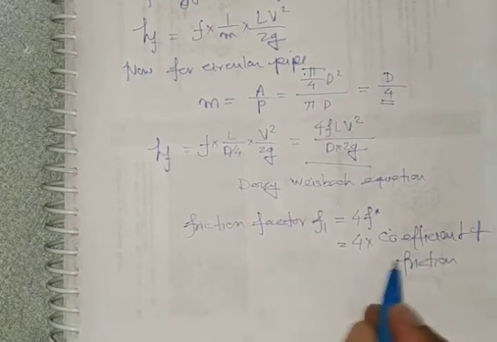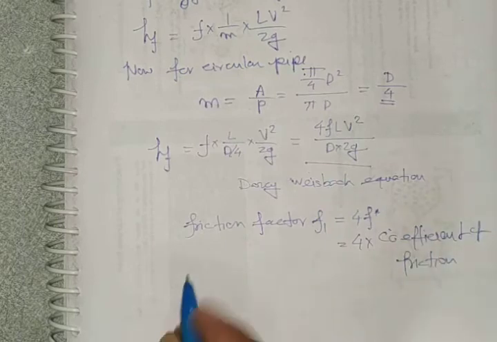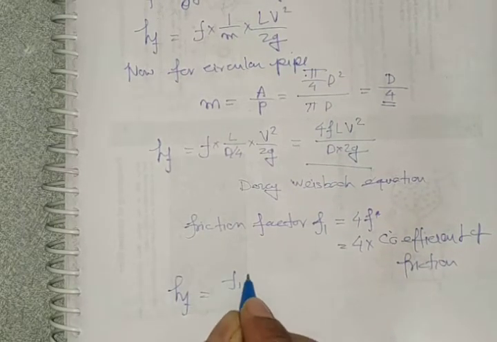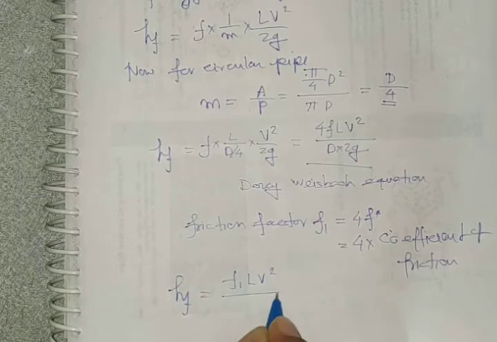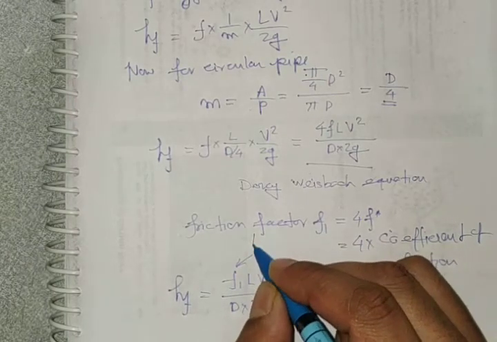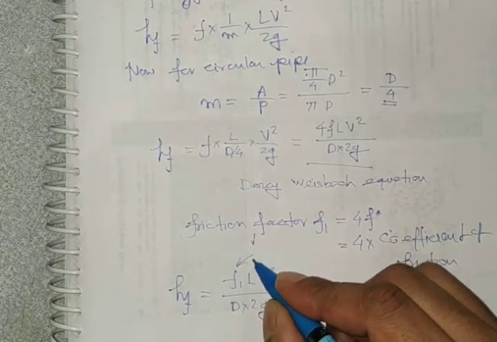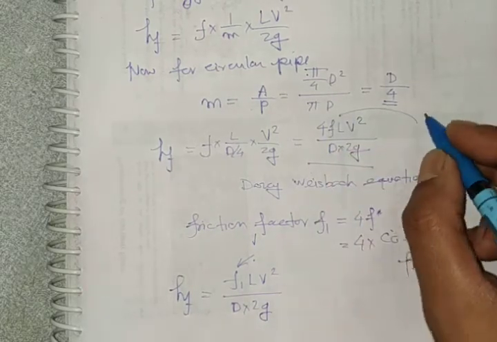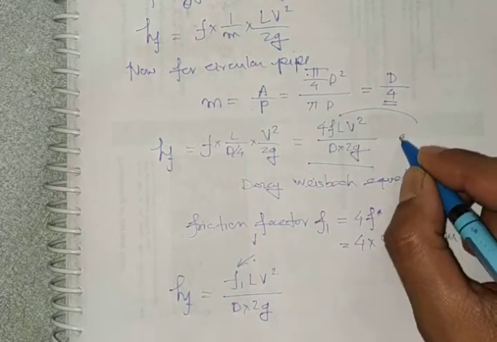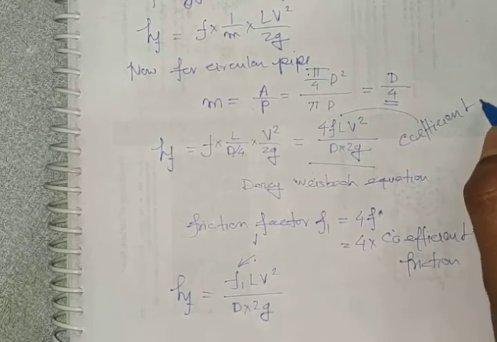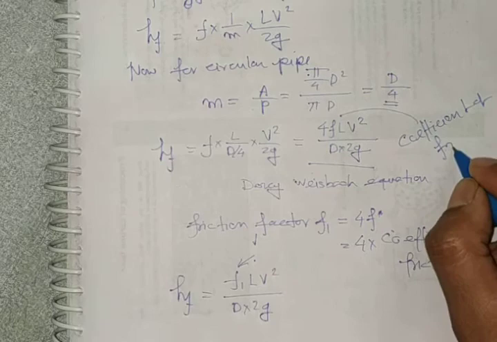And you can rearrange this Darcy equation. So this is f1 L V square by D into 2g. So this is your friction factor, and this f is your coefficient of friction.